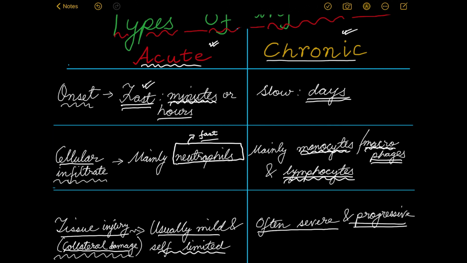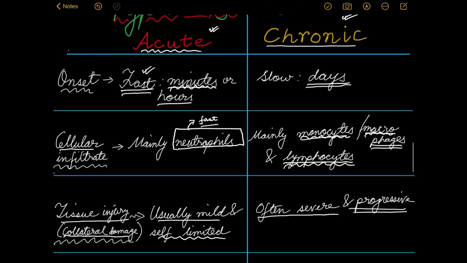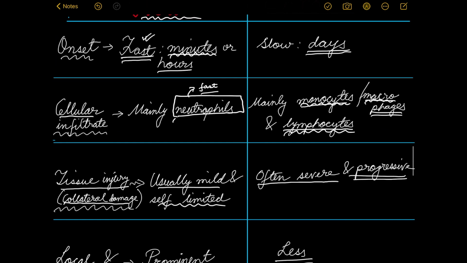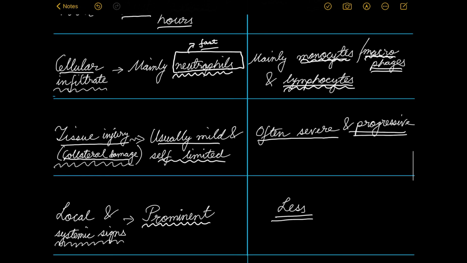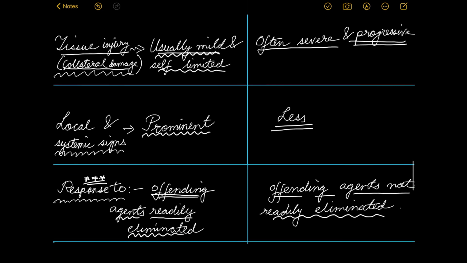It will be fast in initiating, it will be fast to end also, and it will recruit the one leukocyte which is very fast to reach the site and carry out its function, which is the neutrophil. Since the offending agent is easy to eliminate, the tissue injury will be mild to the host. Host would be damaged less, so collateral damage is less.